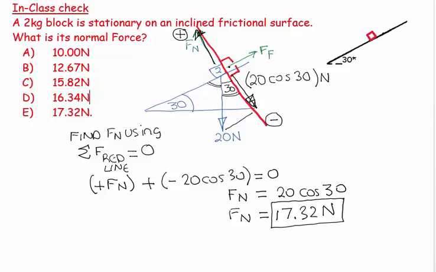And if I want to ignore Ff, because I want Fn, I draw my axis perpendicular to Ff. It happens to be along the direction of Fn, but the real motivation is I want to be perpendicular to Ff. I then look at my diagram, I recognize that Fn is along the line and that the 20 newton weight is at an angle to the line. I figured out the angle. I recognize that the governing law was Newton's first law, and I wrote down my components, summed them, and found my answer. And there's my answer, 17.32 newtons. So there we have it.